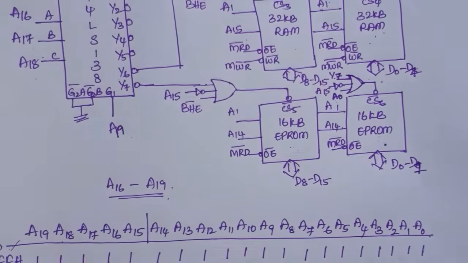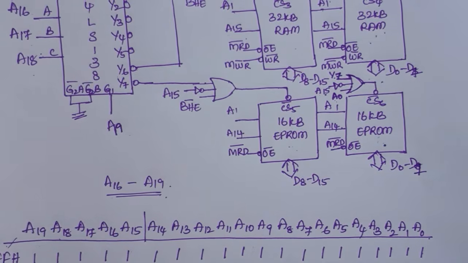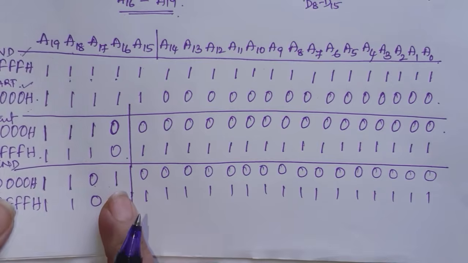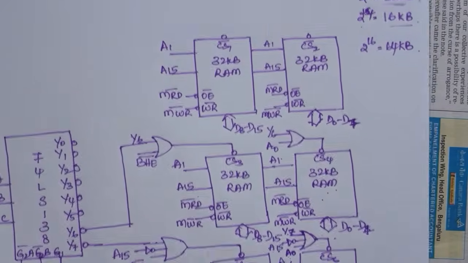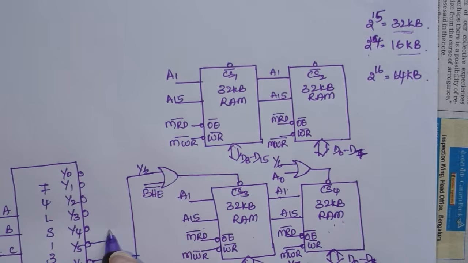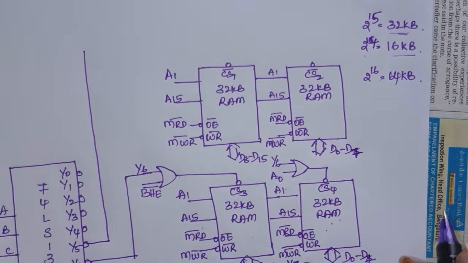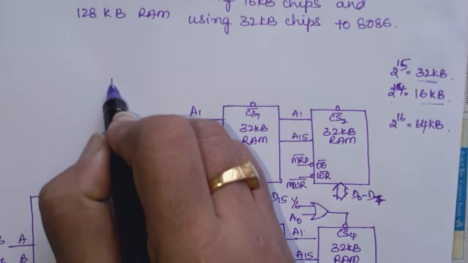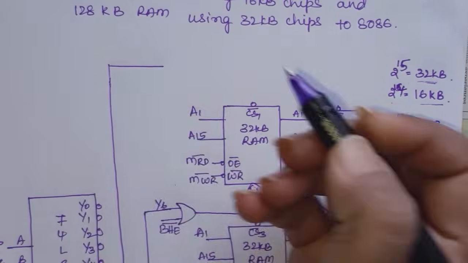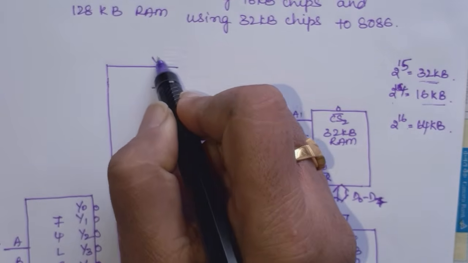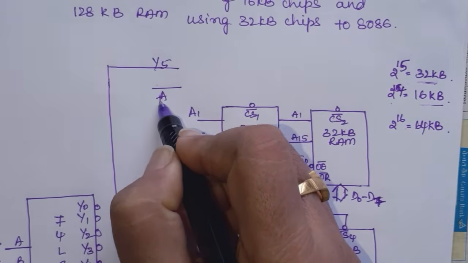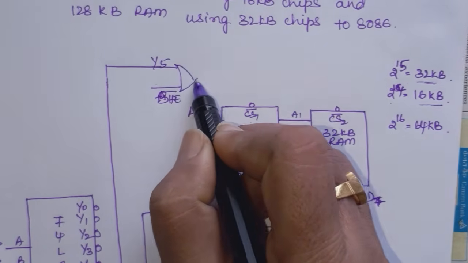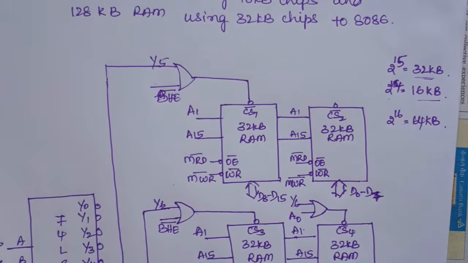And for another pair, we have selected the address D, that is A16, 17, 18. This combination is 101, that is 5. That means Y5. So this Y5 I can take for this pair selection. So here one input is Y5, this is bus high enable bar to an OR gate, and it selects this particular bank.